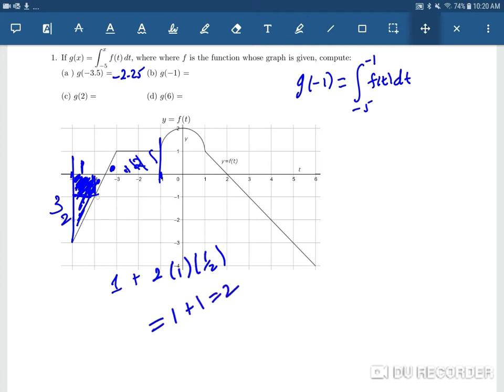So this area, the whole thing is 2 units. So this integral is -2 plus whatever that is, 1 minus 1/4 plus 1/4, but it's a 0, plus 2, which happens to equal 0 also. So g of -1 is 0.